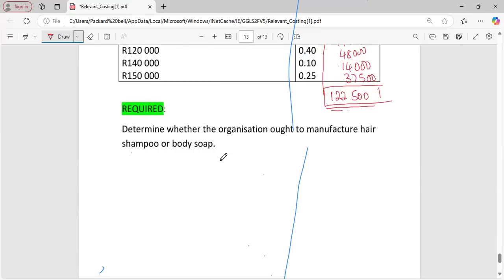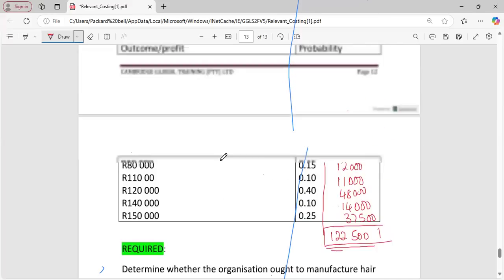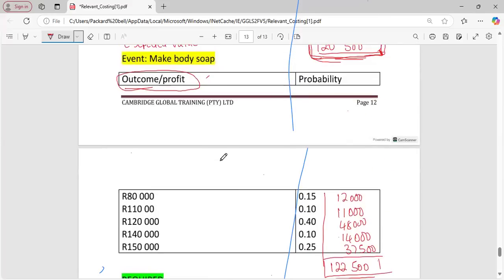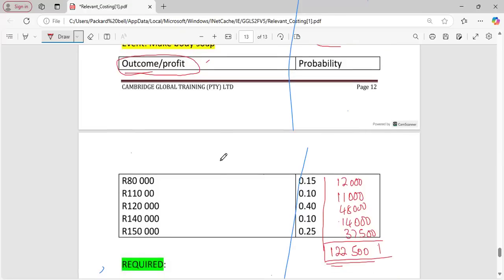So in our case, it means we are going to make both soaps. Right? What can we say are the qualitatives there? Let's look at the qualitatives.